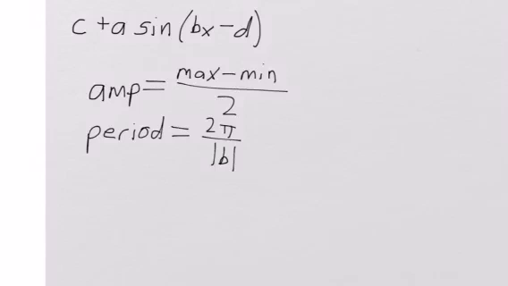I'm putting a summary over here of what we have so far. A is equal to the amplitude. B, I'm going to use a slightly different symbol here, is inversely related to the period.